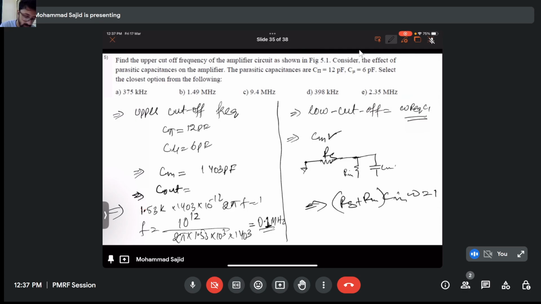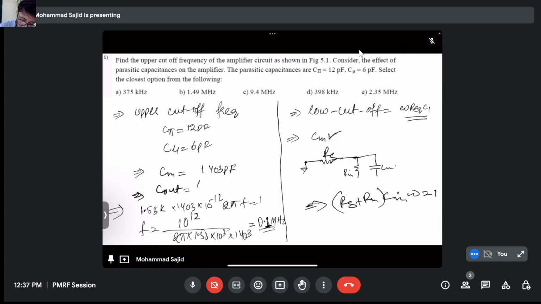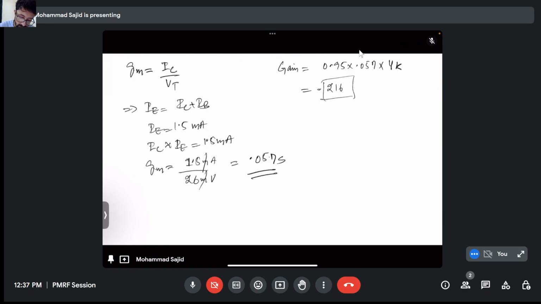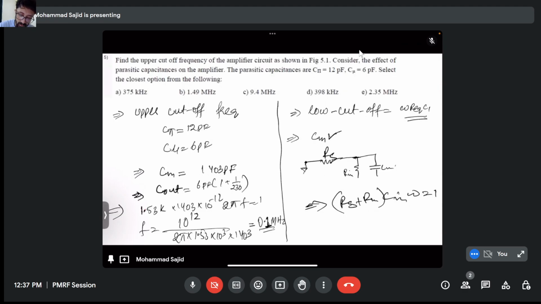Output capacitance will be simply equivalent to, using the second formula, C output is 1 minus 1 by AV. So this will be equivalent to 6 picofarad into 1 plus 1 by 230.